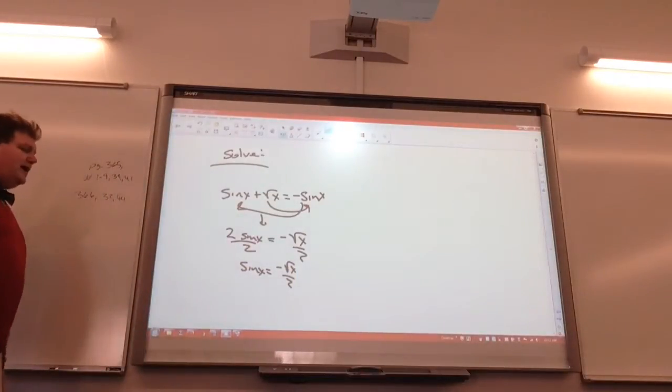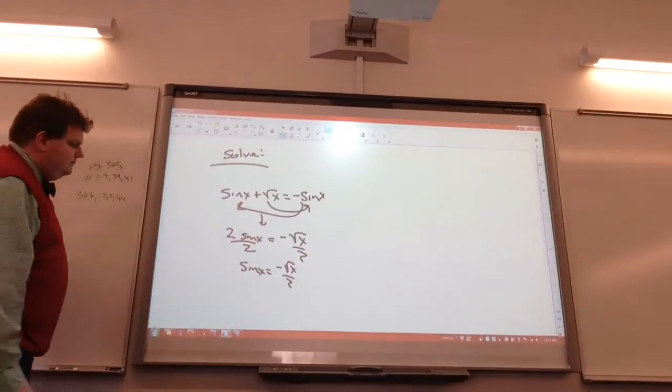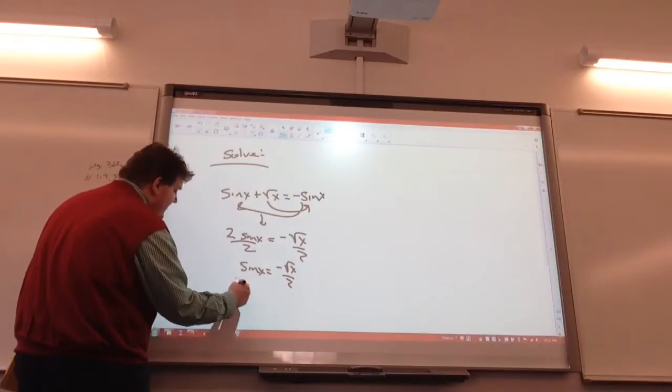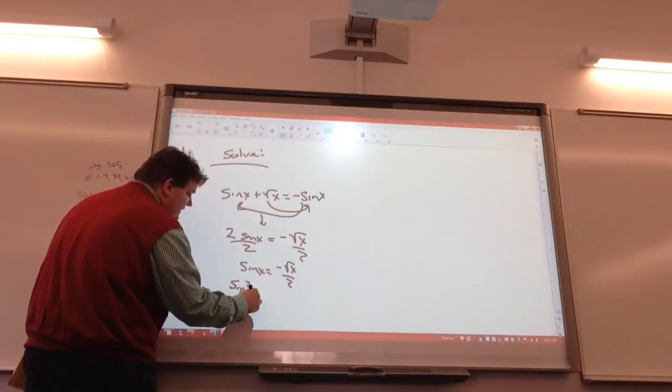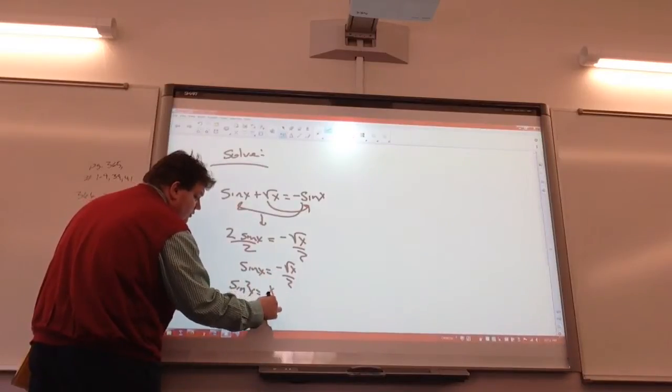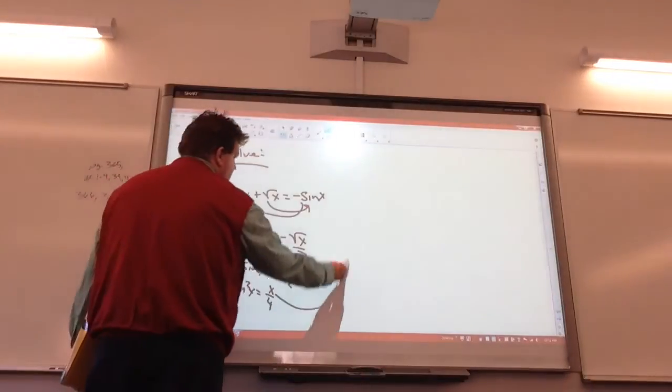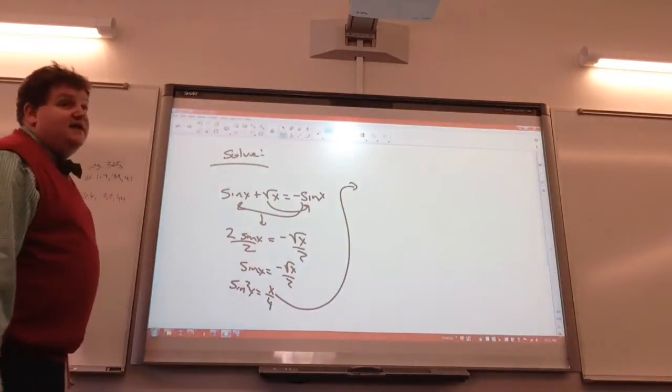What can I do to that root? I want to get rid of the root, right? So I could square it, right? But if I square this side, I have to square this side. So if I do that, I would have sine squared of x is equal to x over 4. Any problems there? This is going to seem kind of crazy.